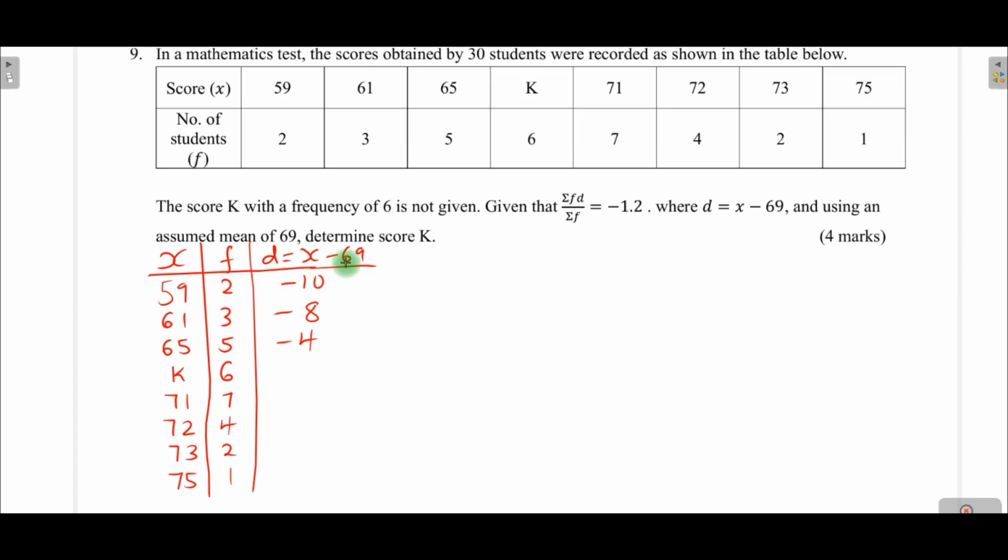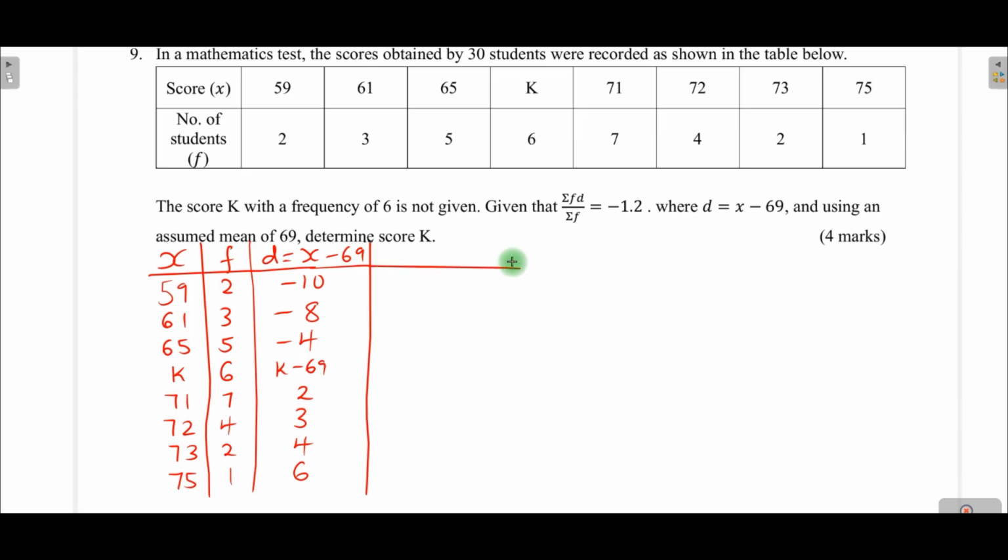Then k minus 69 is k minus 69. Then 71 minus 69 gives 2, 72 minus 69 gives 3, 73 minus 69 gives 4, and lastly 75 minus 69 gives 6.